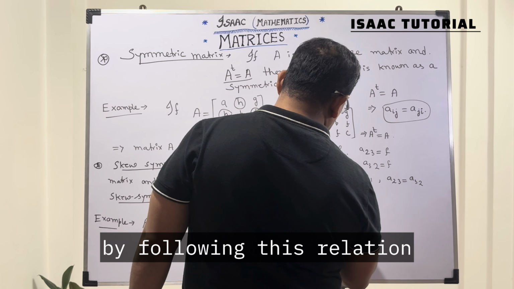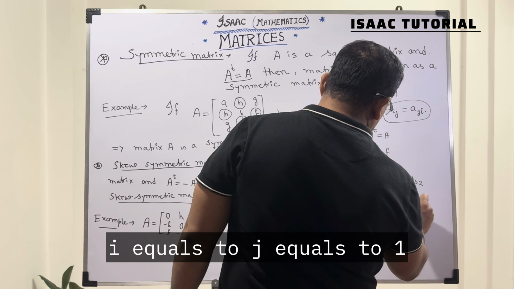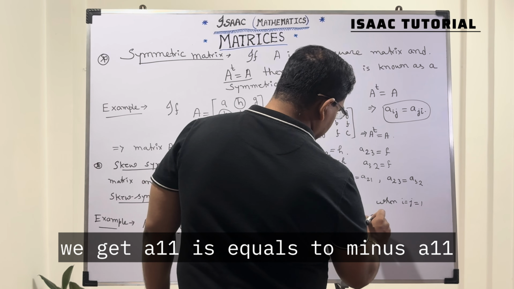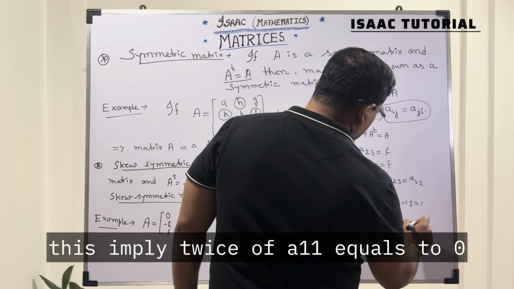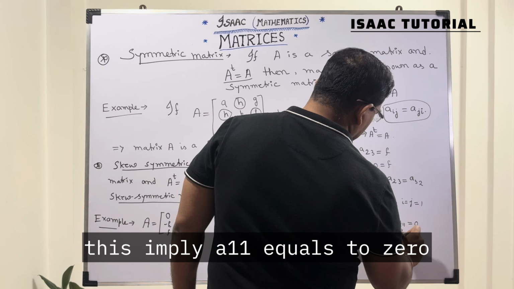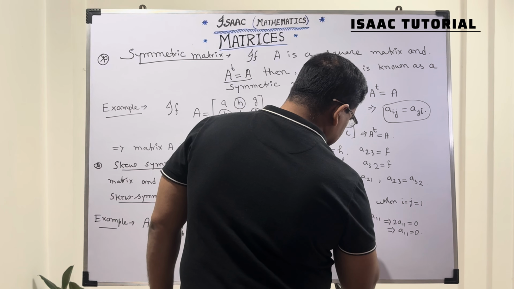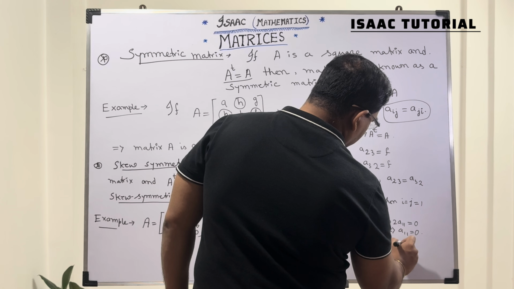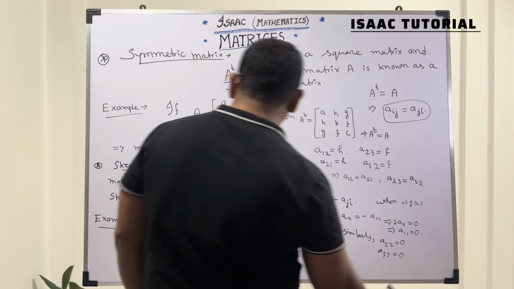By following this relation, when i equals j equals 1, we get A11 is equal to minus A11. This implies twice A11 equals 0, which implies A11 equals 0. Similarly, A22 is equal to 0 and A33 is also equal to 0. That is why in matrix A, diagonal elements are 0.